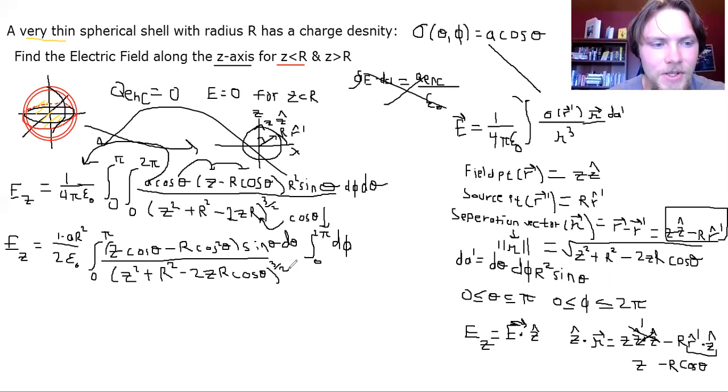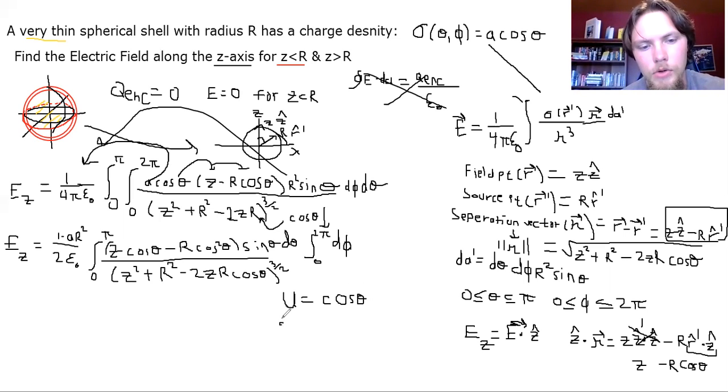So this is an ugly integral. It's not really a way you could solve it directly, but there is a way you can simplify it. We do a u substitution and let u equal cosine theta, and du, the derivative of that, would be minus sine theta d theta.